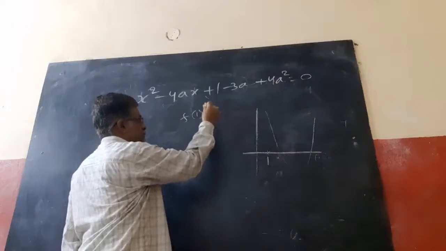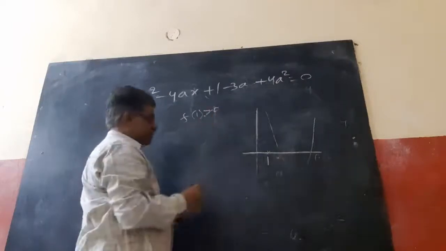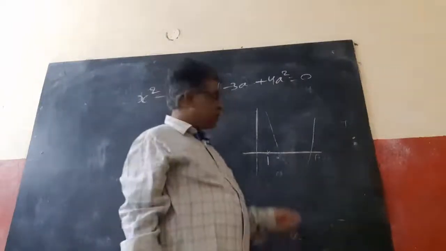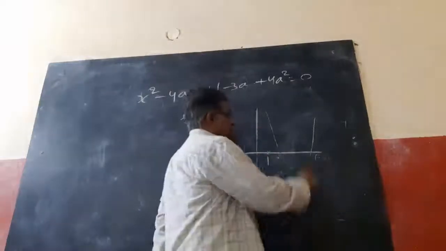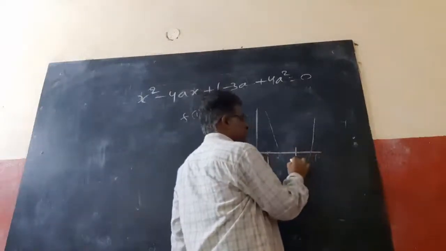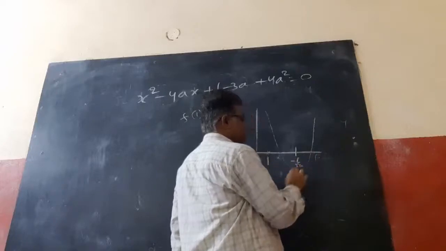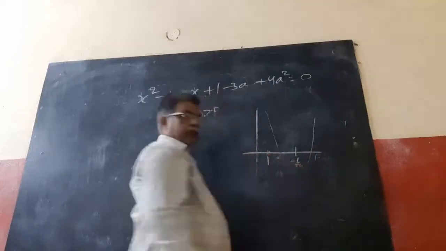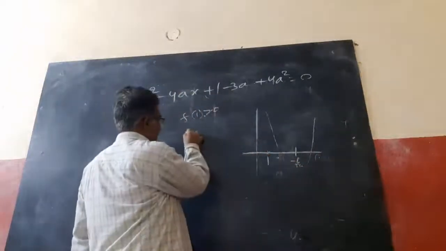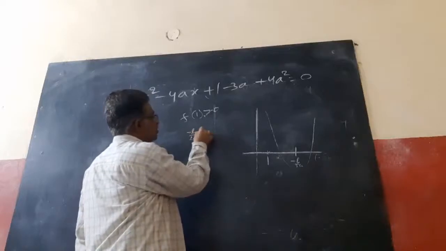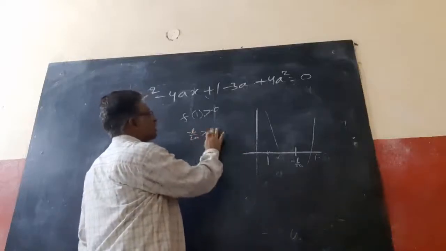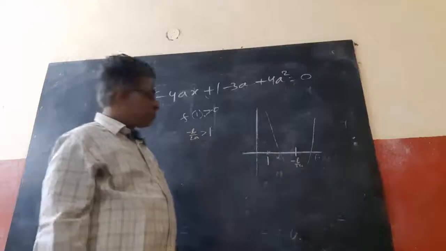Second condition is to check what I told you. This is minus b by 2a. Minus b by 2a is more than 1, so minus b by 2a is more than k. Here k is 1. Next, what more?